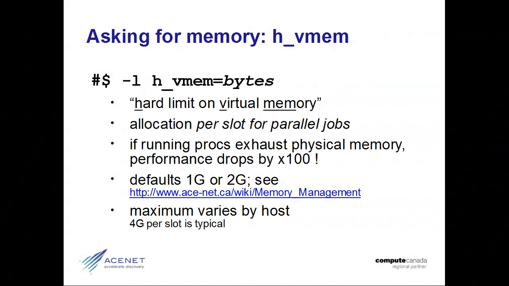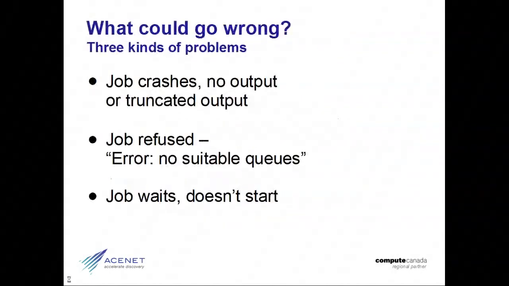The rest of the talk is going to be dedicated to what can go wrong with this. And 3 major classes of what can go wrong are these. Your job may crash. So you submit it, it starts running, sometime later it's finished, and you look at the output and there's no output there, or there's some output there but it stops in the middle. The second major class is that you type qsub and it doesn't even take your job.